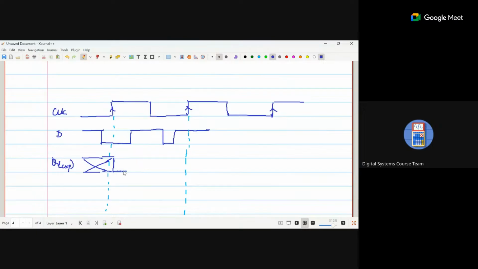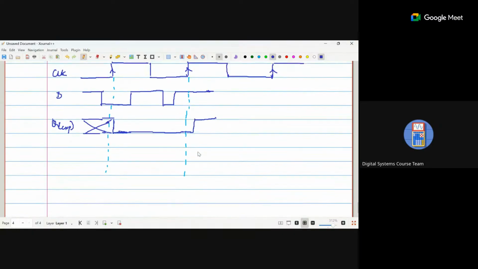Till where do I extend it? It will extend till the next rise. Yeah, it will go to the next rise. And now in the next rise, whatever you get here, after some delay, it will go and do whatever happens in that particular edge, right? Okay. So now this is an expected result for D flip flop.